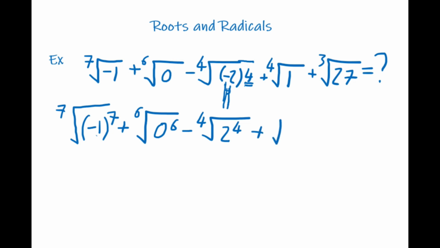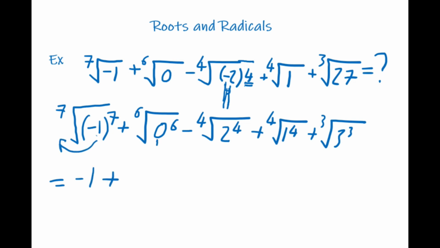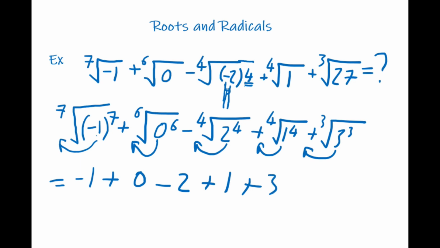So I'm continuing. Plus 1 can be written as 1 to the power of 4, because if you multiply 4 once, still it's gonna be 1. Plus 27 is 3 to the power of 3, and the root degree is 3 also. And now if you look at the question, that -1 comes out as -1, plus that comes out as 0, minus that comes out as 2, plus that comes out as 1, plus, and we have 3 here also.